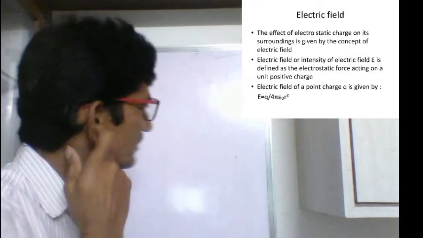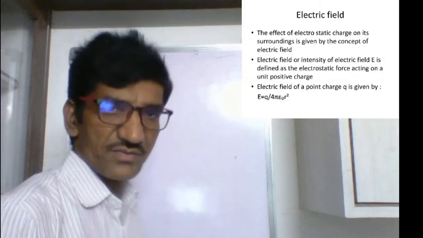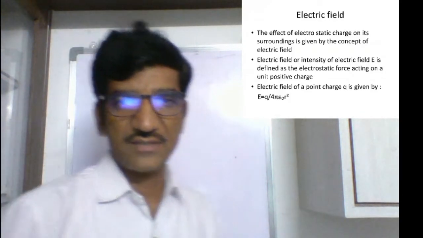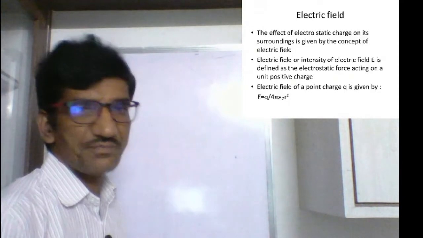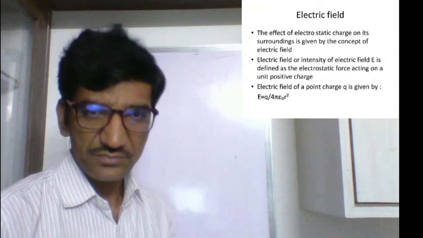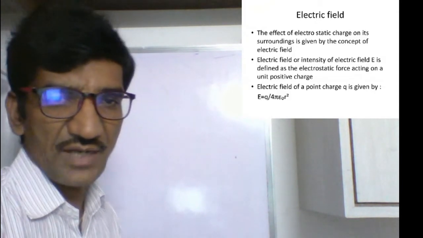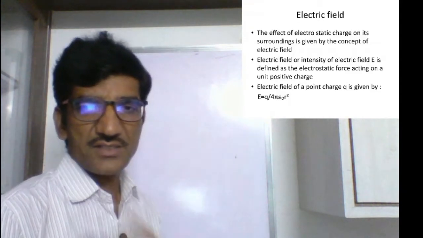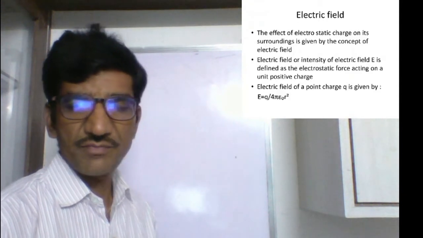Now let us start with the electric field. We already studied the electric field, and we know the formula of the electric field of a point charge. Let us briefly discuss that introduction.